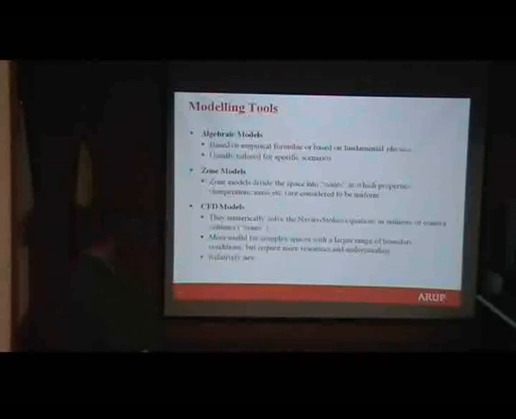Then there are models that, as you certainly know, divide the space into different zones. It can be 2 zones, it can be 3 zones, and in each zone the conditions like temperature, pressure, and mass are uniform. And then at the end there are the CFD models.